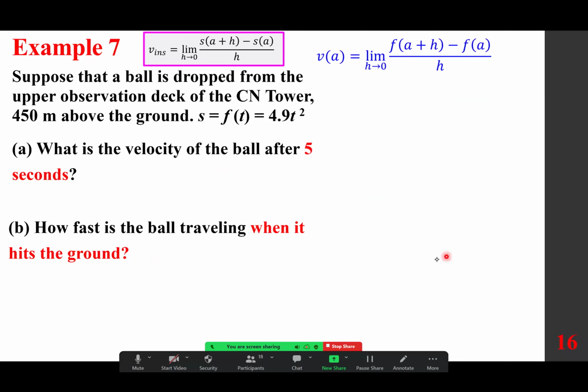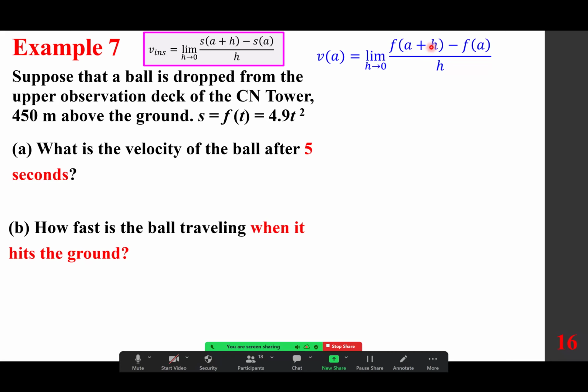Instead, I'm going to keep it at a. We are moving towards the next section in essence. So instead of v of 5, I'm finding v of a, or v of even t in general. So later on, instead of f prime of a, we look at f prime of x. So we are not going to change the a. I'm going to keep it as a, so it will generalize at any t equals a.